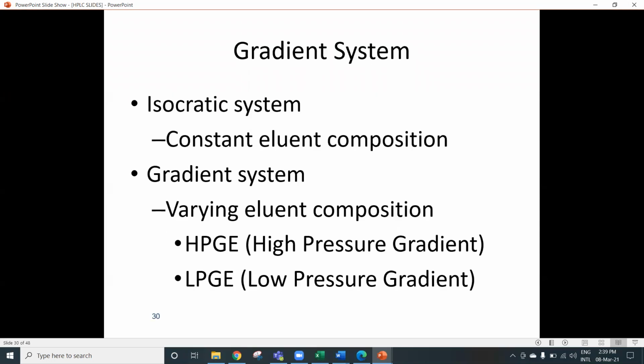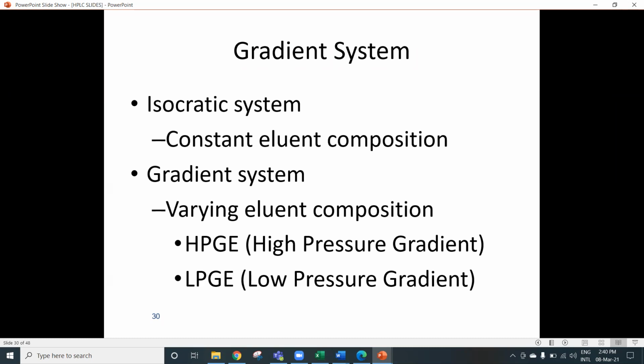So now, in terms of the delivery of your solvent, I've said before that your mobile phase can be made isocratic, whereby you have constant composition of your mobile phase from the beginning of your analysis to the end. Or you have what we call the varying eluent composition, which is also called the gradient system, whereby you can start, let's say, with 100% methanol at the start, and after 5 minutes, you can reduce the methanol to maybe 80% methanol and 20% water.